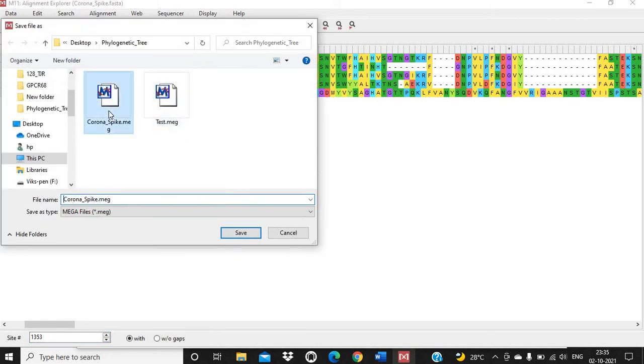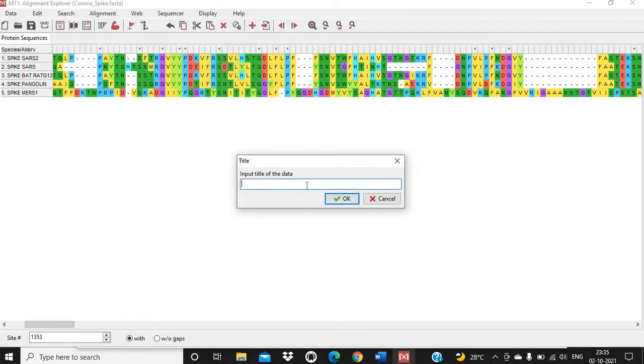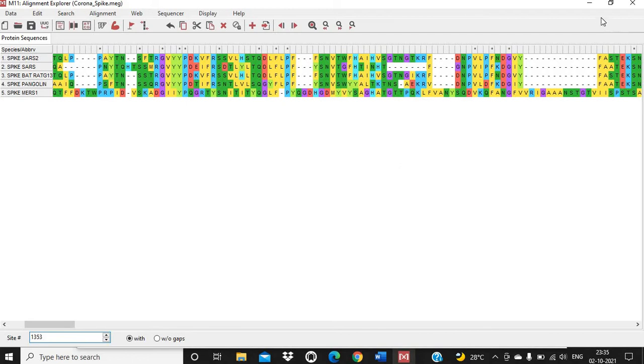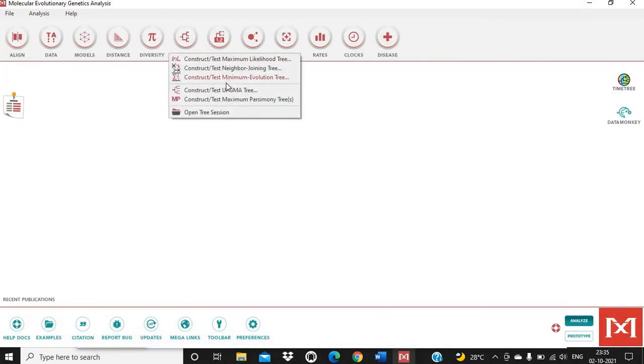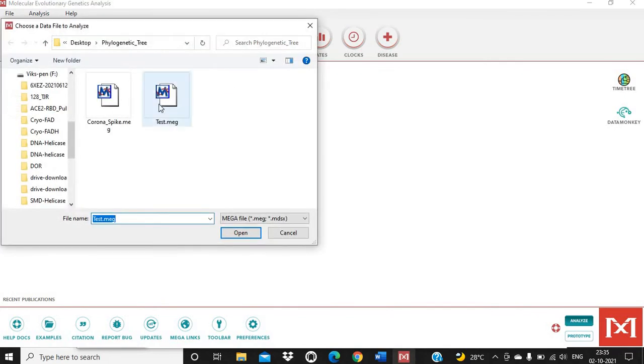So I already have this corona spike mega.meg. And then we go to phylogeny and construct and test UPGMA.